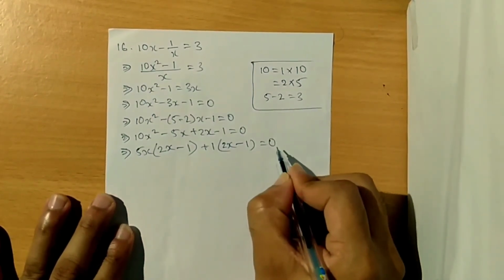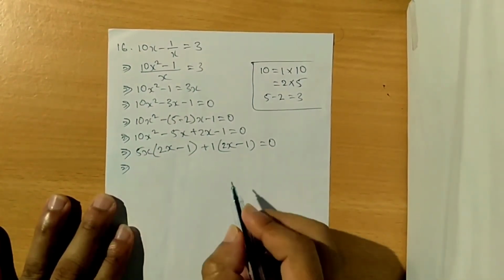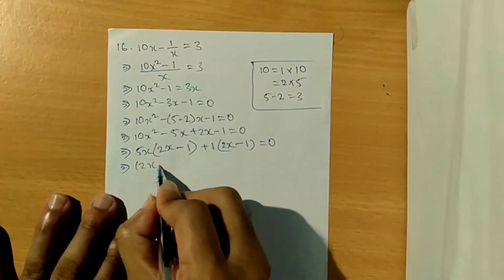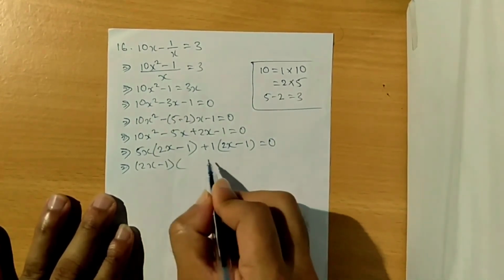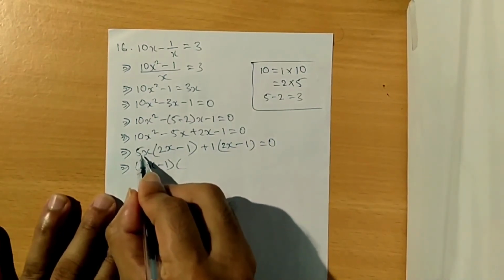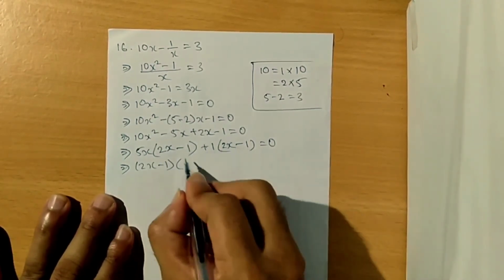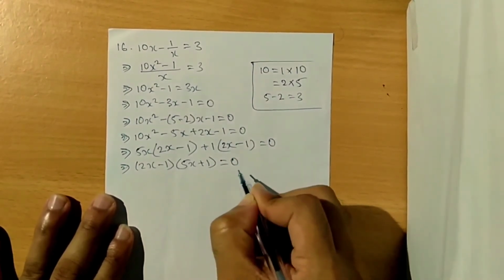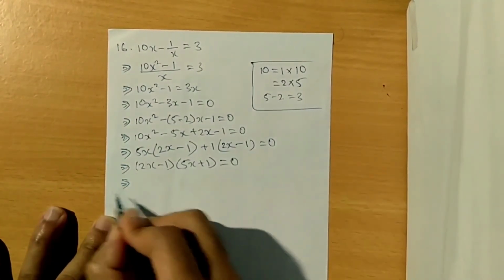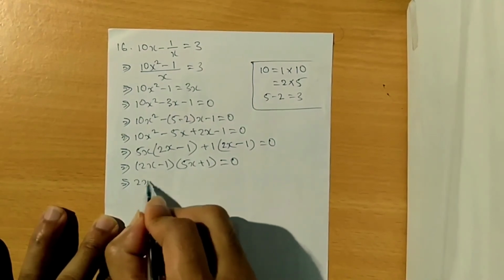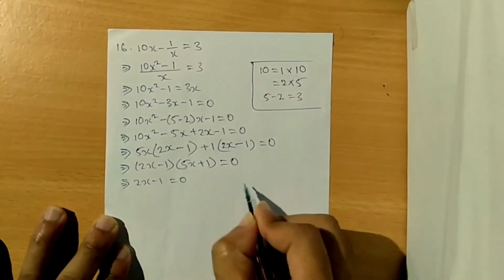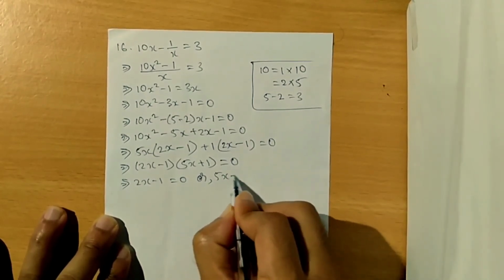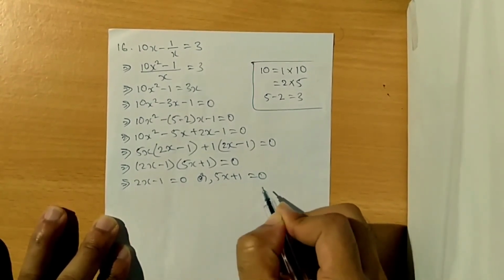And this is equal to 0. And this implies we take the common 2x minus 1 into the remainder 5x plus 1, and this is equal to 0. This implies 2x minus 1 is equal to 0, or 5x plus 1 is equal to 0.